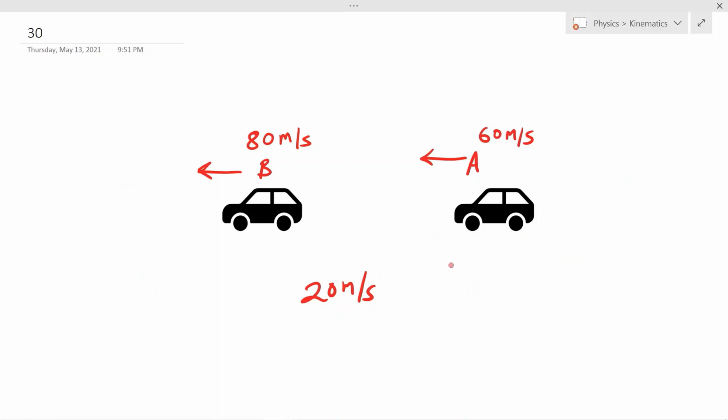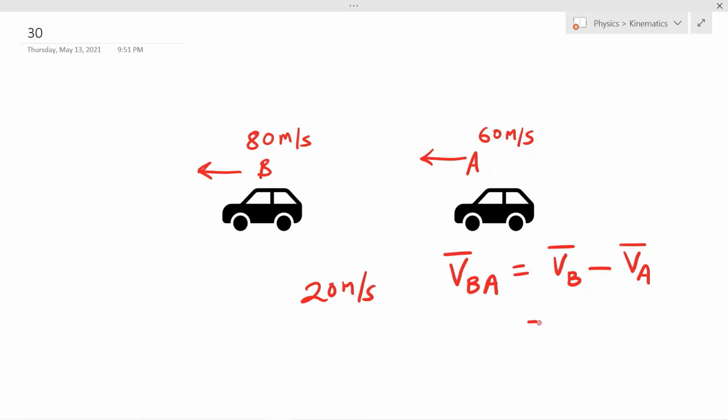The relative velocity V bar of an object B with respect to object A is given by V bar of B minus V bar of A, and these velocities V bar B and V bar A are the velocities with respect to ground.